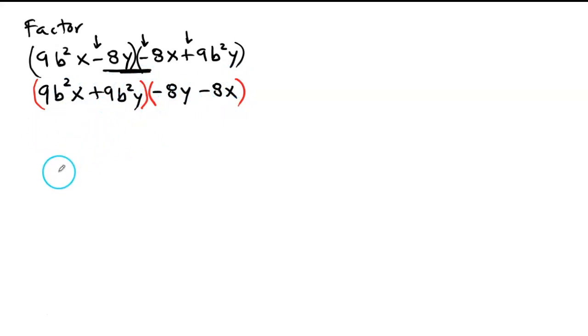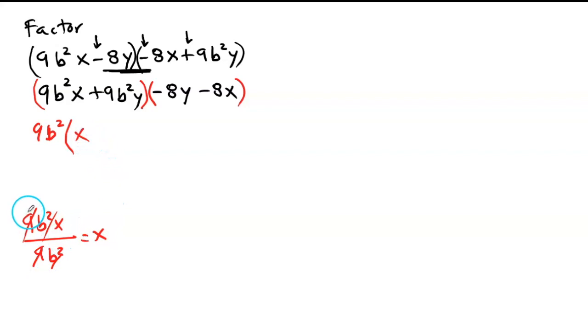That's fine. I can see that I have a 9 as a common factor. I see that I have a b squared and a b squared, so the same thing, that's your common factor. The x is not common, the y is not common, so I open my parentheses. 9b squared x, my first term, divided by 9b squared. 9 cancels, b squared cancels, x goes inside, plus 9b squared y divided by 9b squared. 9 cancels, b squared cancels.